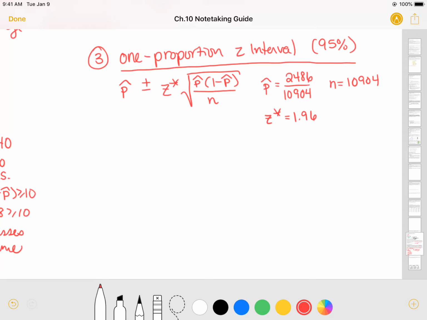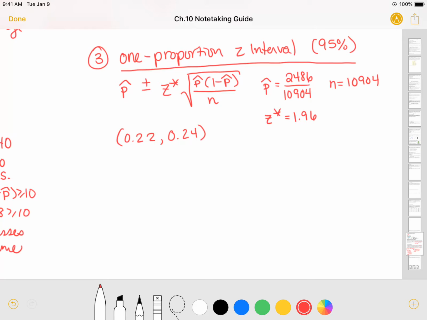What we should get as our final answer is the interval going from 0.22 to 0.24 approximately. Do take some time to look at that interval on your calculator. Again, it's under the test menu when you press the stat button.